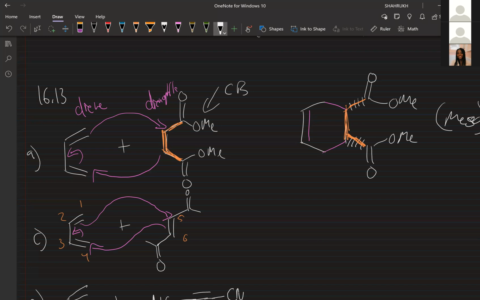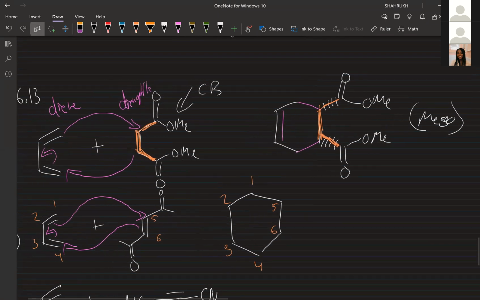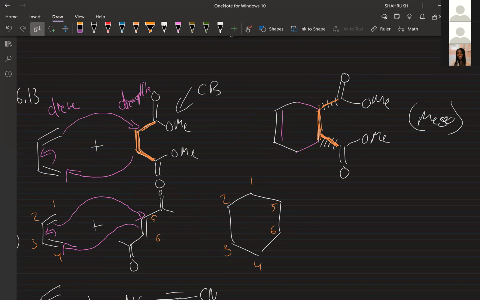Now, if we draw out our new structure, right, the base is going to be a cyclohexane, right? Let's label all the carbons. 1, 2, sorry, we started here. This was 1, 2, 3, 4, right? And we'd say this was 5 and this was 6, right? So once again, hopefully this is a little clear now, right?